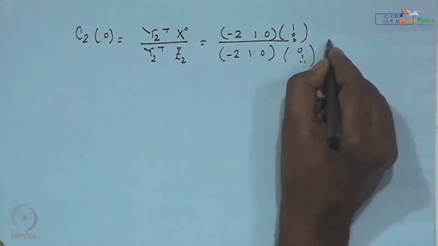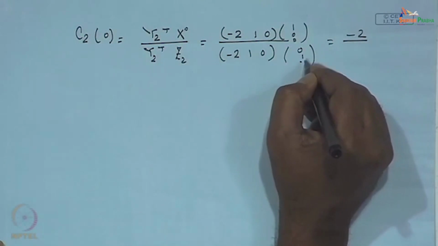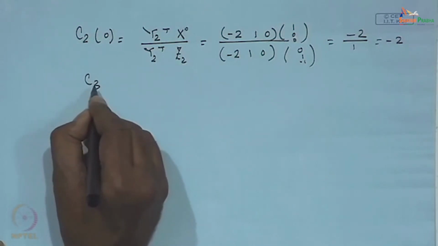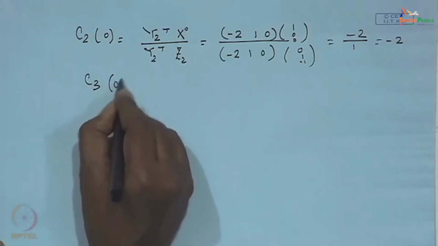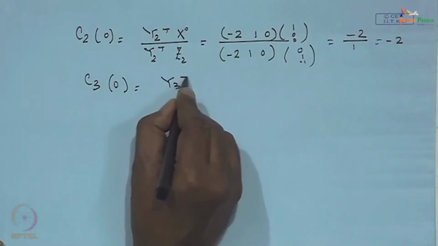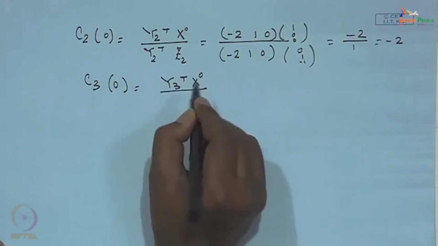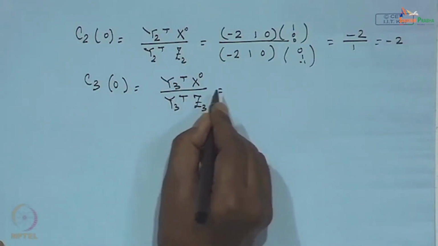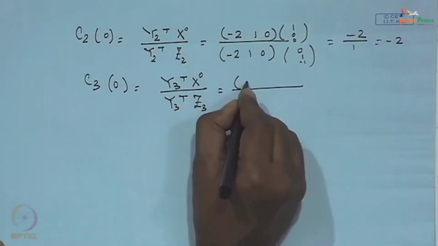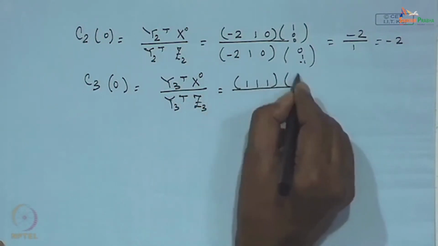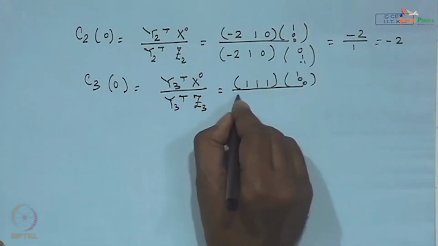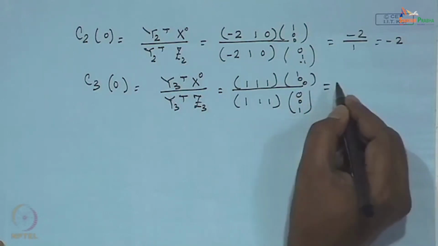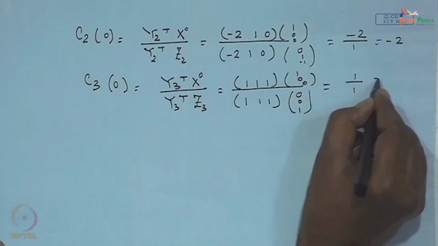So, this becomes minus 2 divided by 1, so it becomes minus 2. And c3(0) becomes y3 transpose x naught divided by y3 transpose z3, which is [1, 1, 1] times [1, 0, 0] divided by [1, 1, 1] times [0, 0, 1], the third eigenvector. So, this becomes 1 and this is also 1, so it becomes 1.